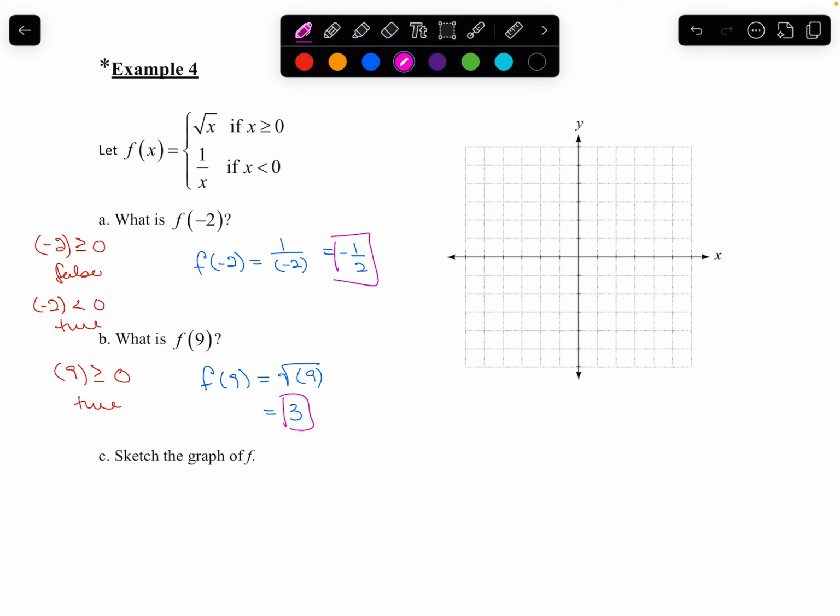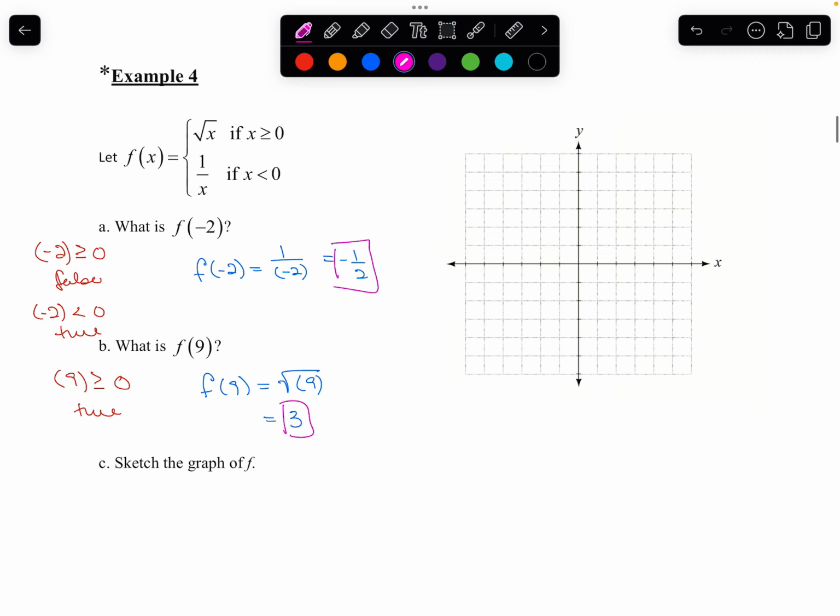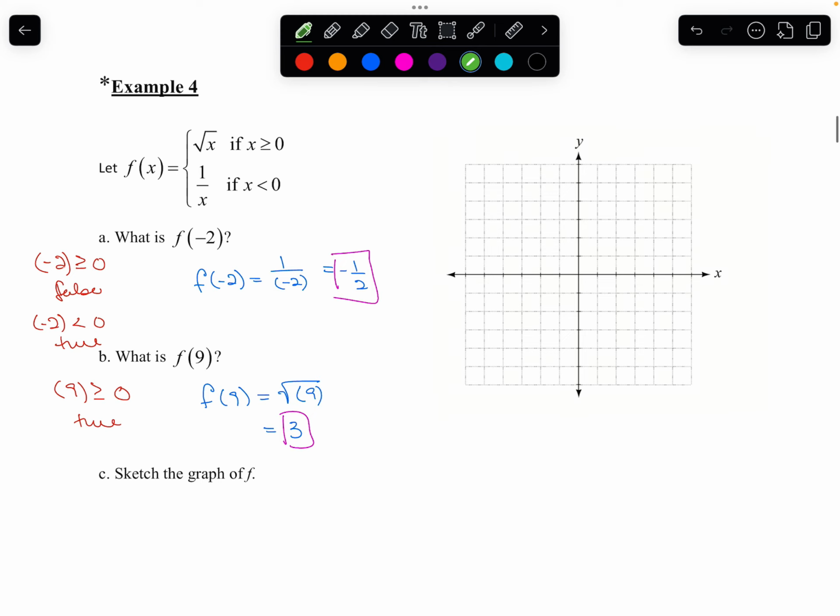When we go to sketch the graph, I like to remember what each of these actually looks like, going back to our toolkit functions and remembering the shapes of each. Doing the first one here, I do this one in green. Remember the shape of the square root function. It starts at 0, 0, and then slowly climbs upward, just like that.